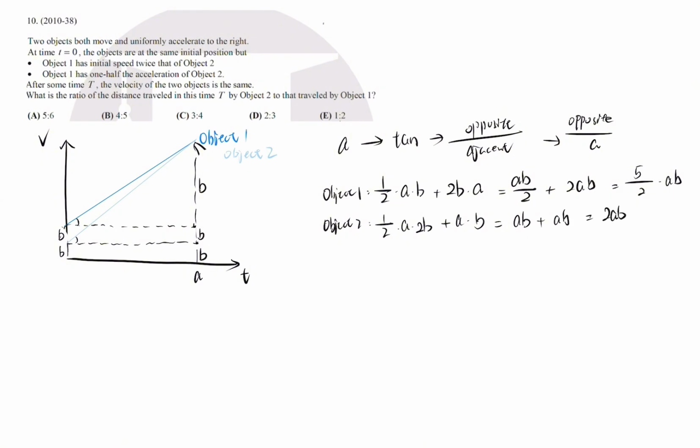The ratio between the distance traveled by object 2 over object 1 is just the areas under the corresponding lines, which is 2AB over 5/2 AB. The AB will cancel. So that's equal to 2 multiplied by 2 over 5, which is 4 over 5. And the answer is B.